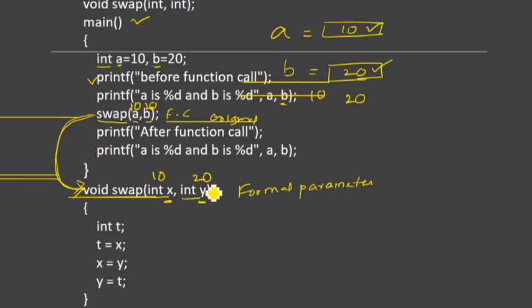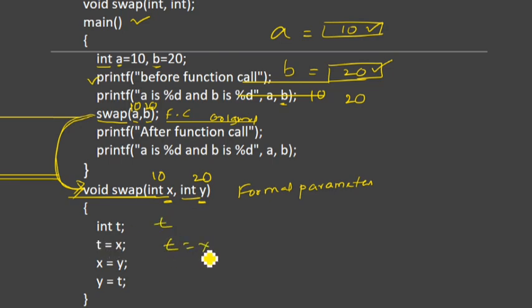The original value of a is 10 and of b is 20. In swap, the a value is stored into the integer x, and the b value 20 is passed to the integer y. Now I declare a temporary variable t as an integer.